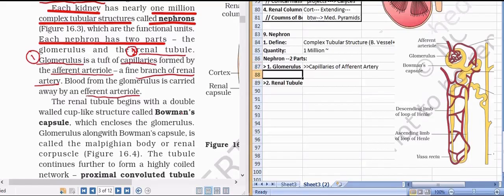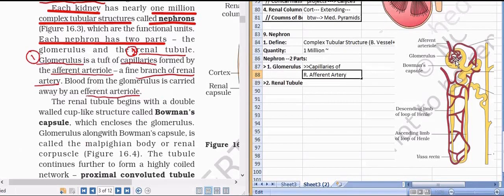Otherwise, you can say it like this. Hope you understood. This is the capillary of the afferent artery. You can write it down. That is renal afferent artery. This is what he explained here. Blood from the glomerulus is carried out by the afferent arteriole.